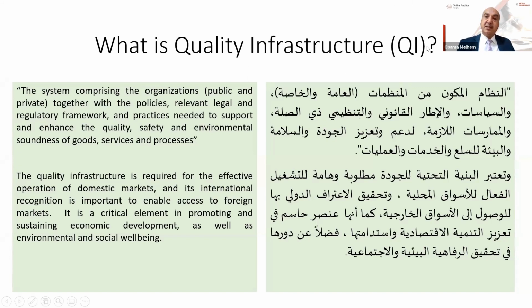The quality infrastructure is the system comprising the organizations, public and private. It's not only public, it's public and private, together with the policies, relevant legal and regulatory framework, and practices needed to support and enhance the quality, safety, and environmental soundness of goods, services, and the processes. Okay. So the keywords here are public and private.